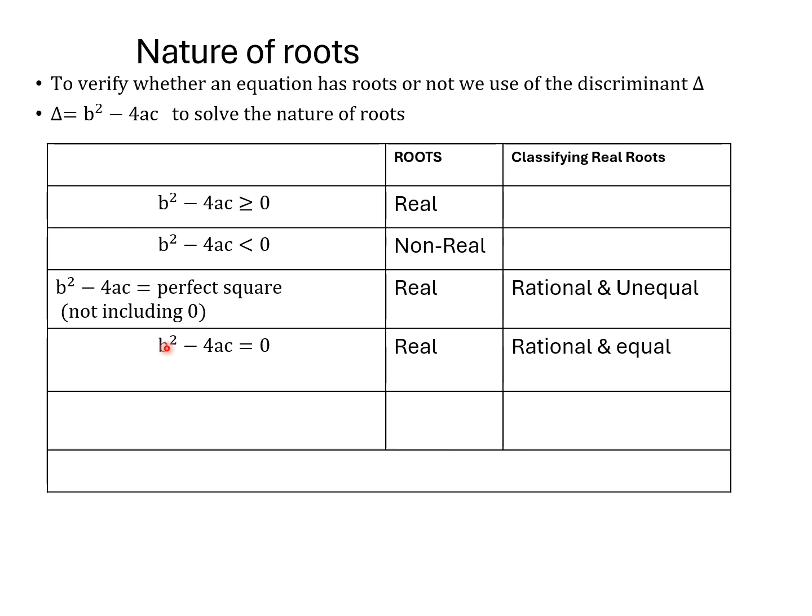If b squared minus 4ac equals 0 exactly, the roots are real, rational and equal, the same value. And if b squared minus 4ac is a positive number but not a perfect square, the roots are real but irrational, meaning decimals that don't recur, and they are unequal.